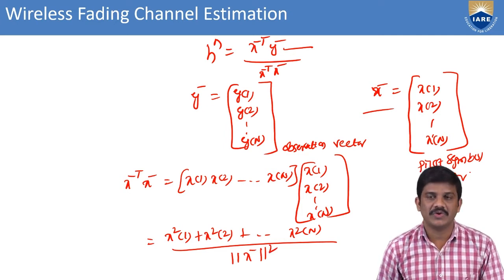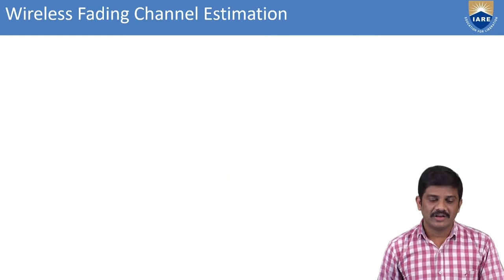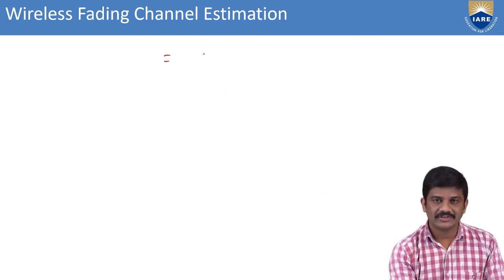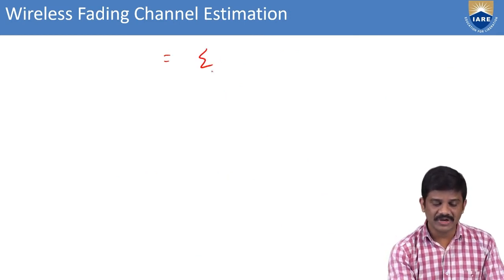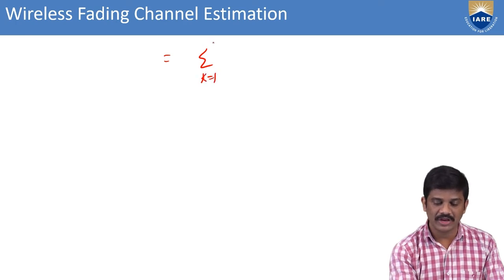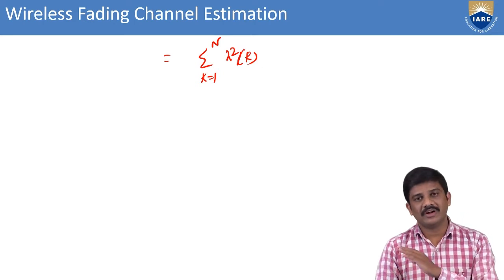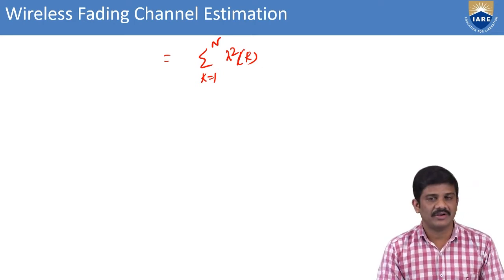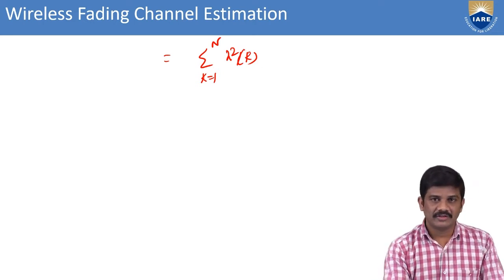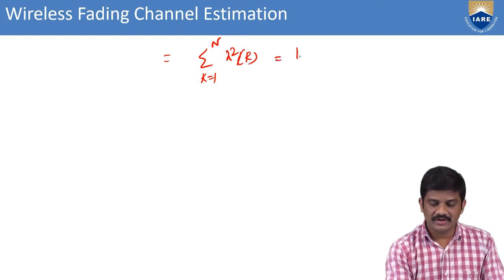Then from this equation we can write the simplification, that is summation k equal to 1 to n, x square of k. This is from the previous session, where we already simplified this one. Here we can also write x bar square.